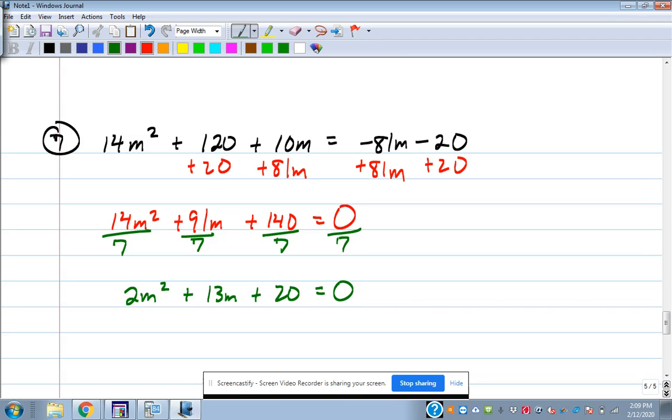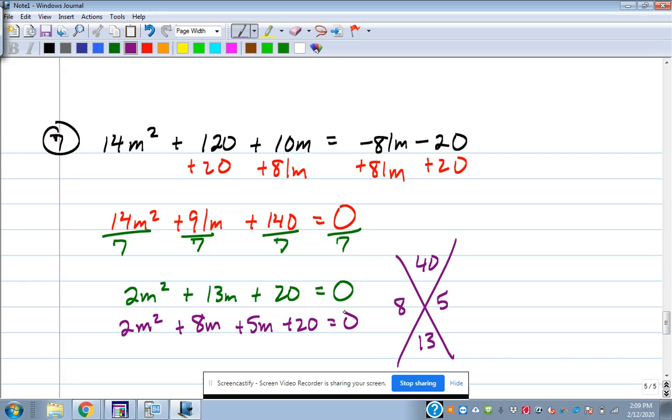Now I can do the x method on that. So multiply to be 40, add to be 13. Excuse me. 8 times 5. 2m squared plus 8m plus 5m plus 20.